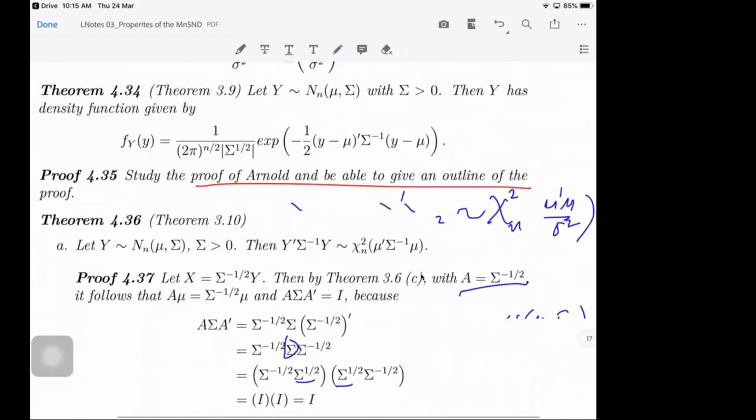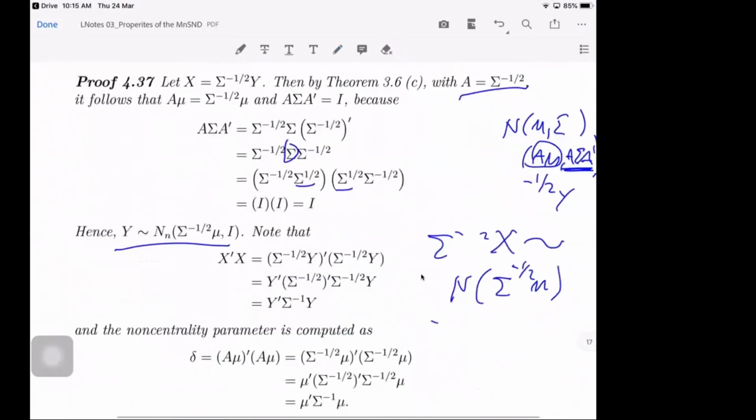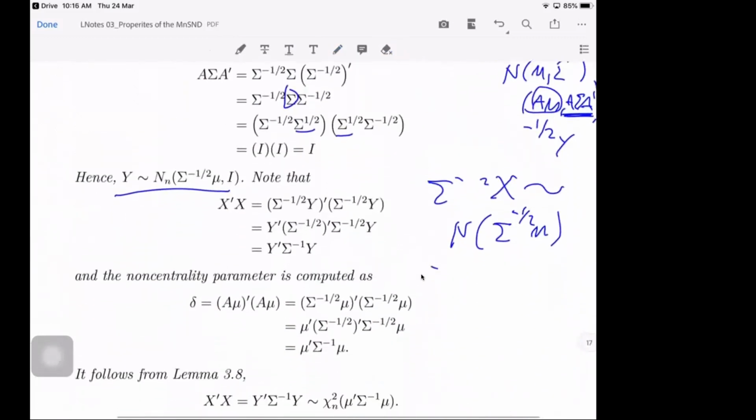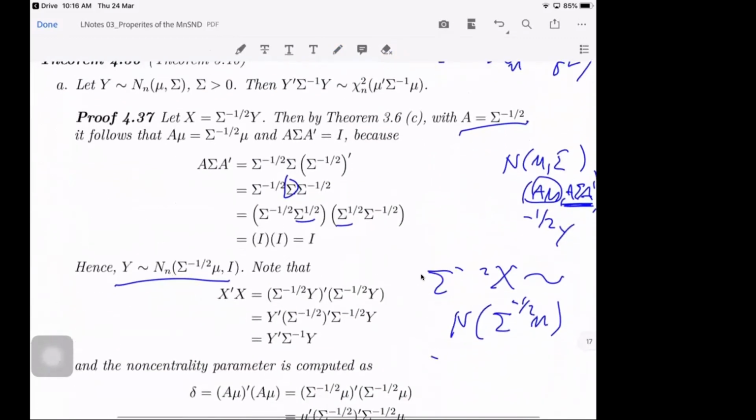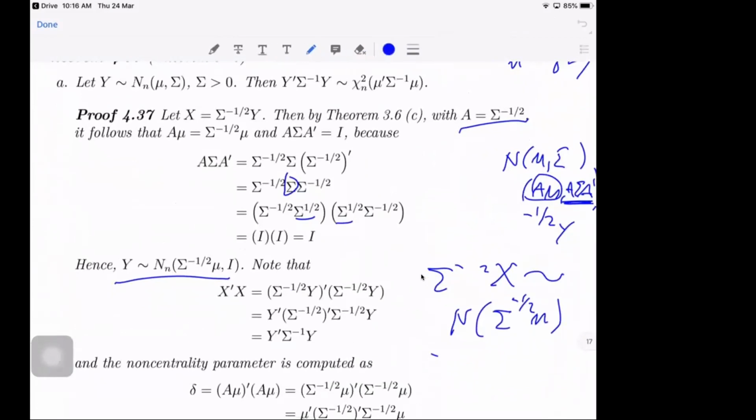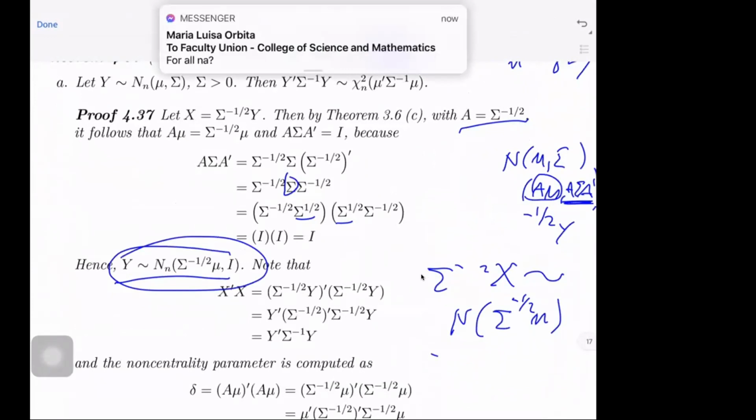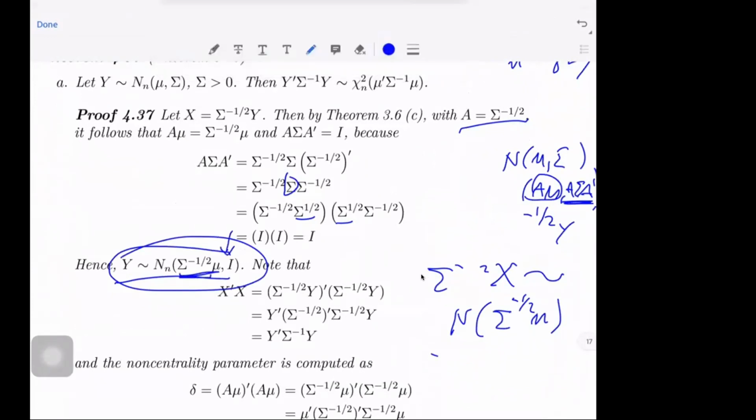So in this example, y is normally distributed with this mean and variance I. That means the diagonal matrix is all 1s, so our sigma squares are just equal to 1.